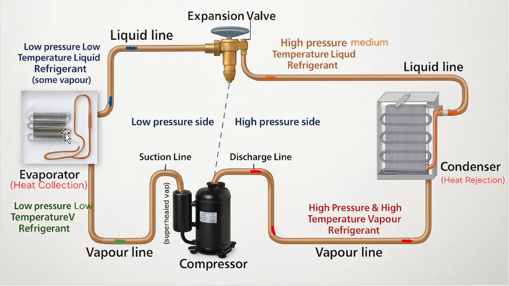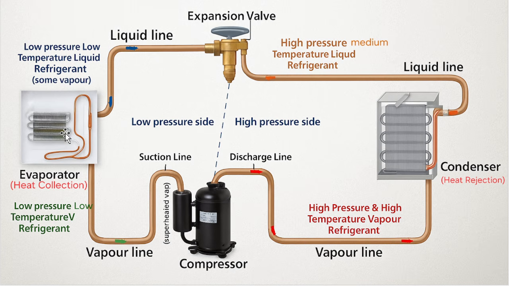But during the boiling, the refrigerant temperature stays the same, because whatever heat it has extracted from inside of the freezer, from the food item, the vegetable item, or from the room, is used up in breaking the intermolecular bonds so that it boils, not in changing the temperature of the liquid, right? So that is the most important thing.